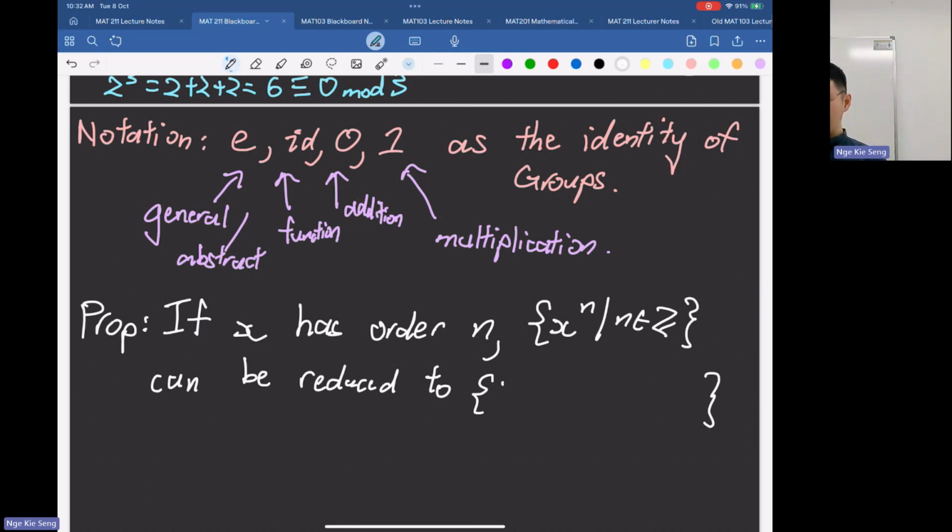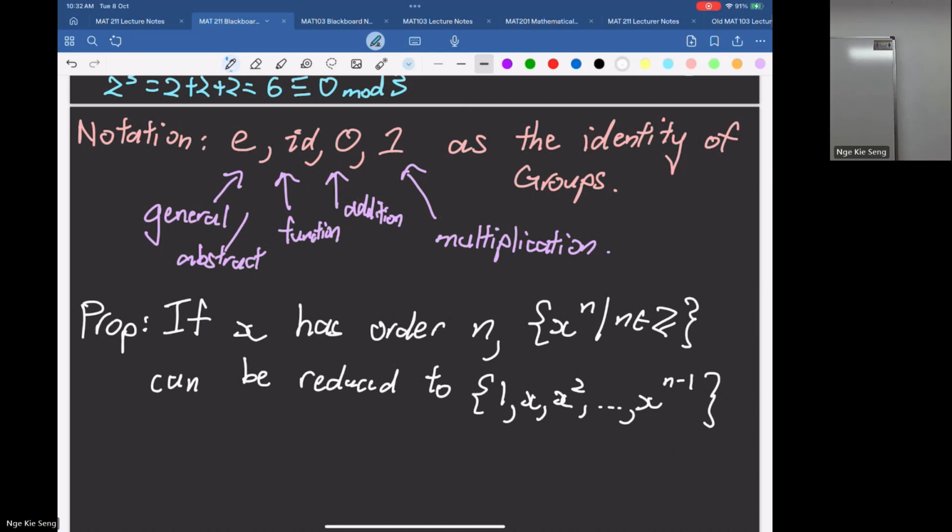You could have the identity, obviously, because x to the n is the identity. And then you can do x squared, and all the way up to x to the n minus 1. And then we claim that these are the only elements inside this set.